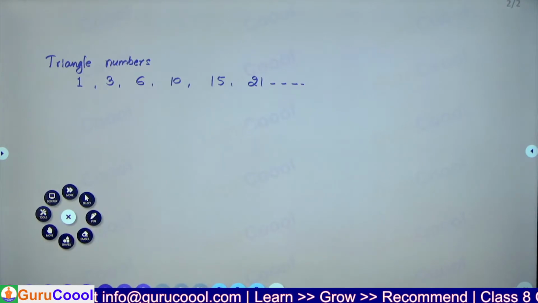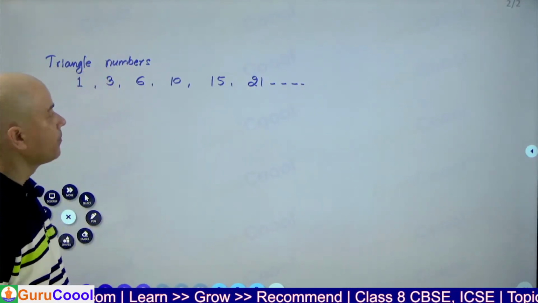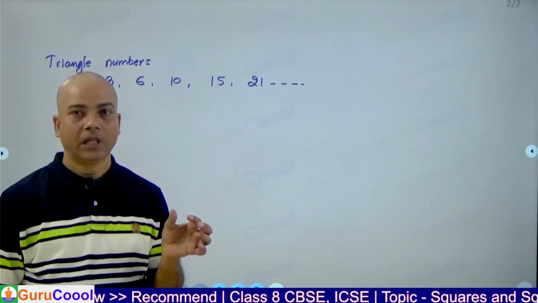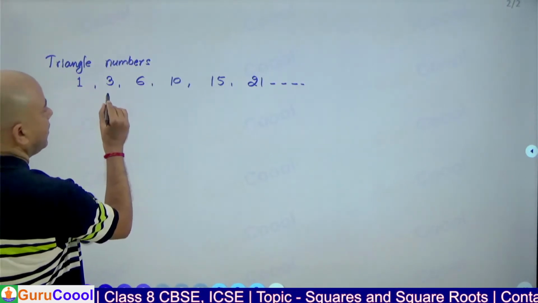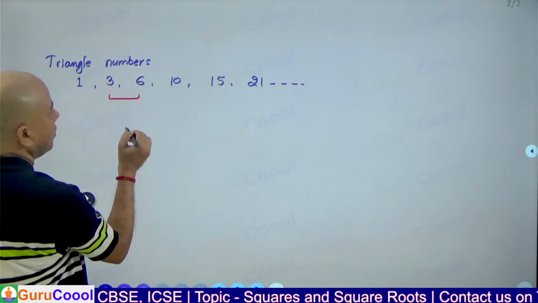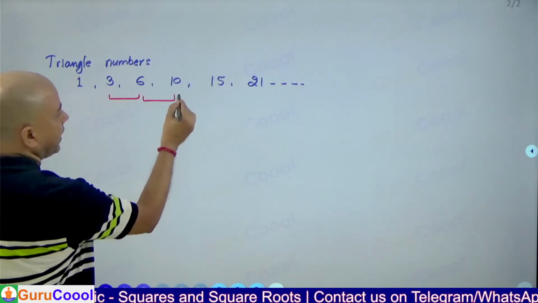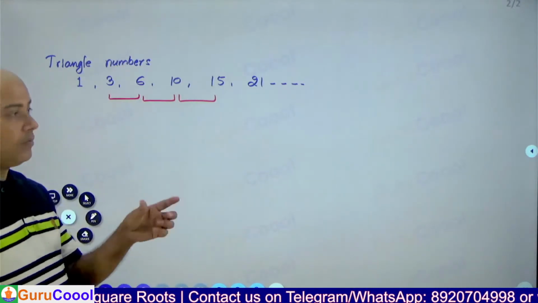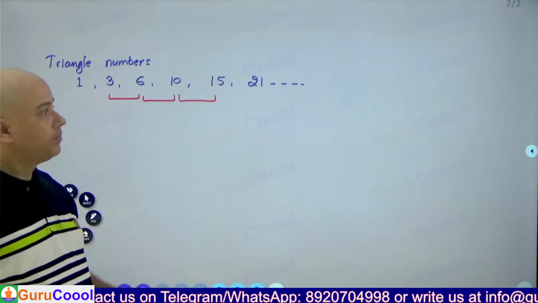And there is a secret here about the triangle number. Very interesting fact. If you take any two consecutive triangle numbers, like 3 with 6, or 6 with 10, or 10 with 15, any two consecutive, means coming just after that.